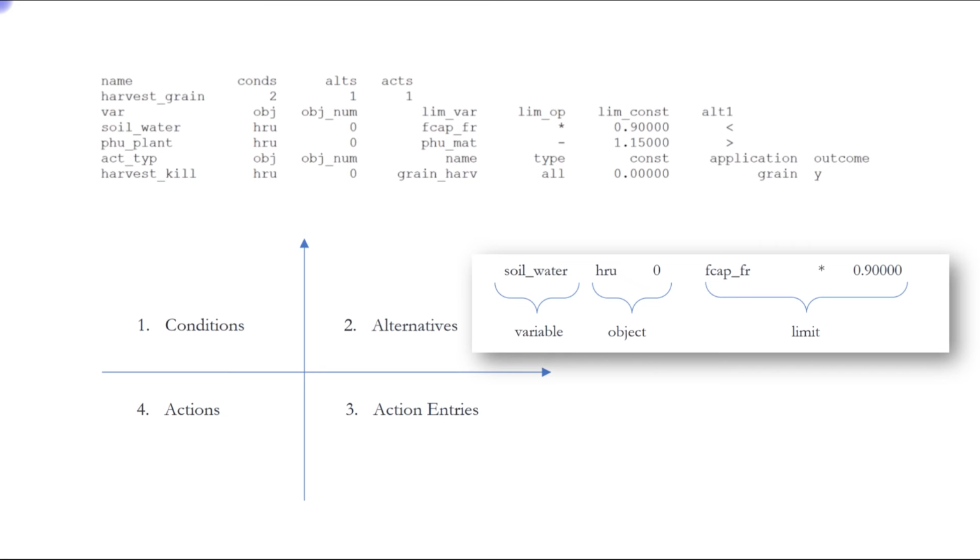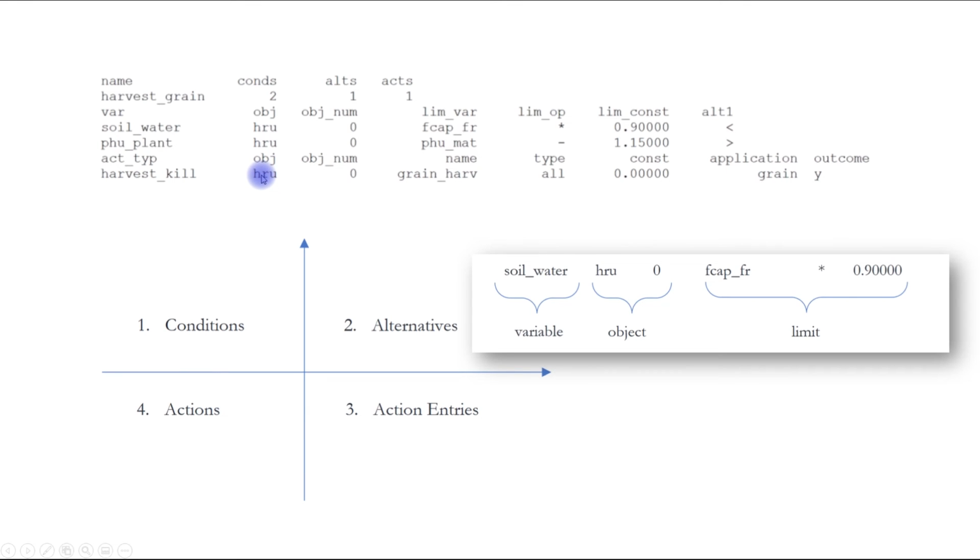If you have Y, it means when alternative 1 is satisfied, which means these conditions are both true, then the action here, which is harvest and kill in quadrant 4, gets performed on these objects.